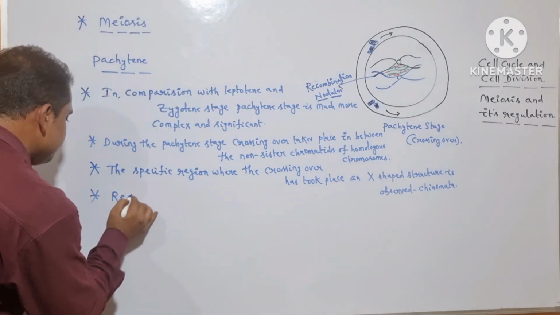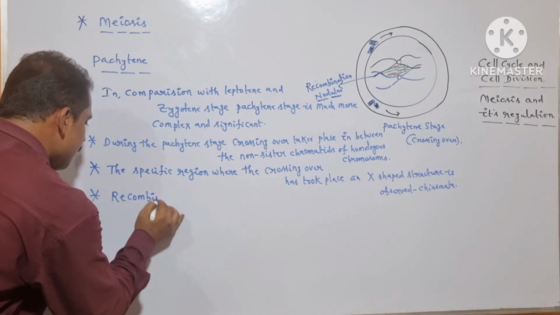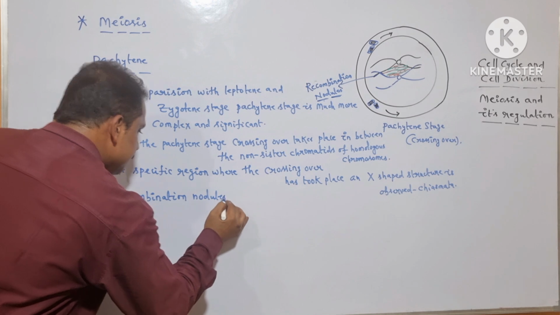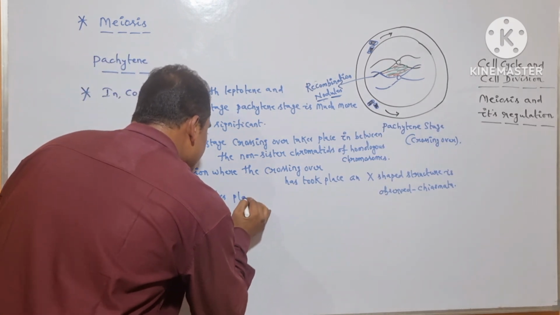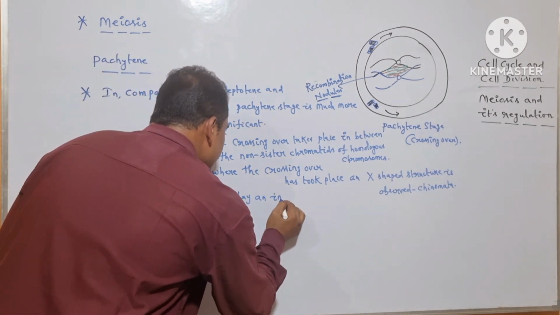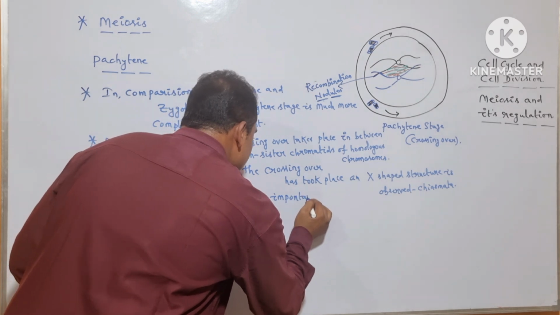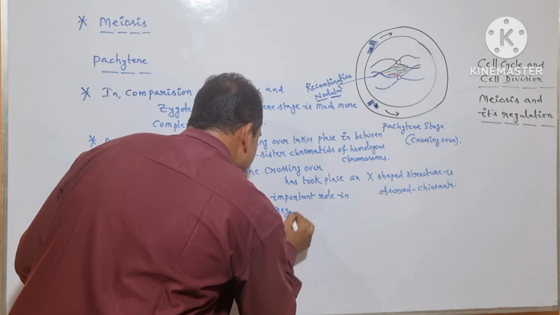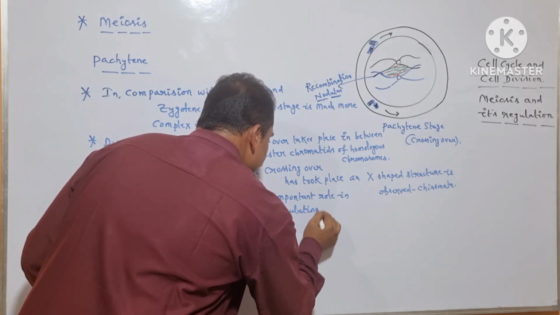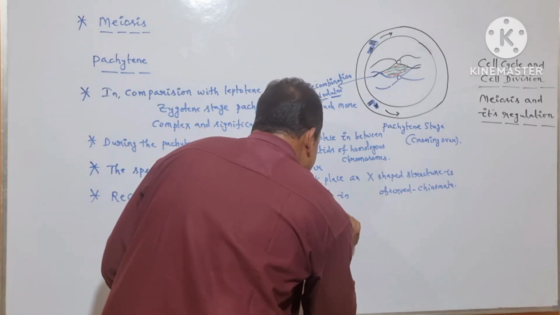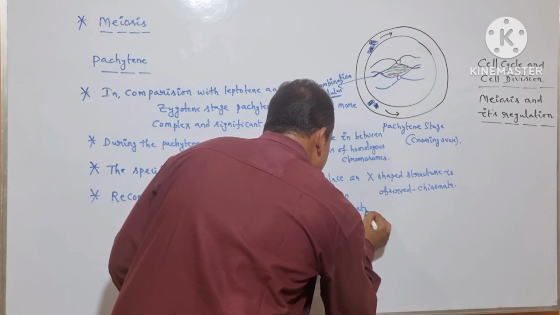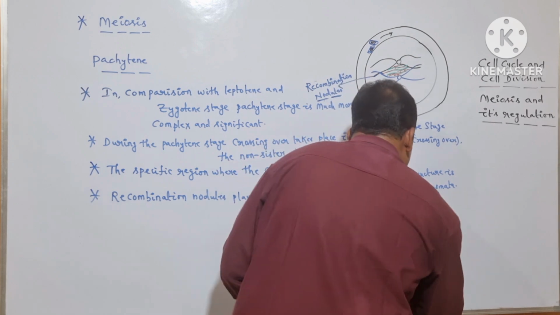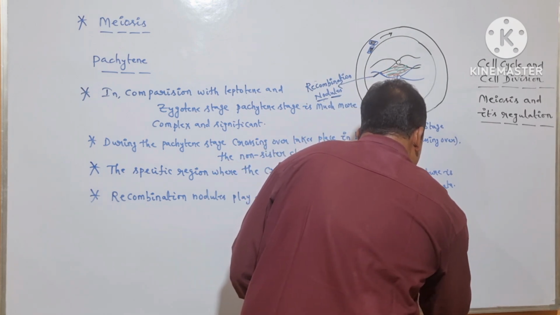Recombination nodules play an important role in regulating the genetic exchange between the homologous chromosomes.